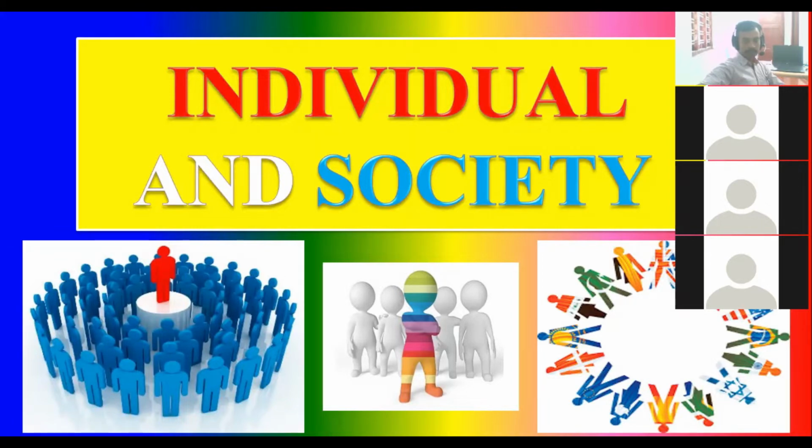Individuals interact with each of these components. That is social. In this unit, we are going to detail the relation between individual and society. Why does an individual interact with social components? And they are interdependent.